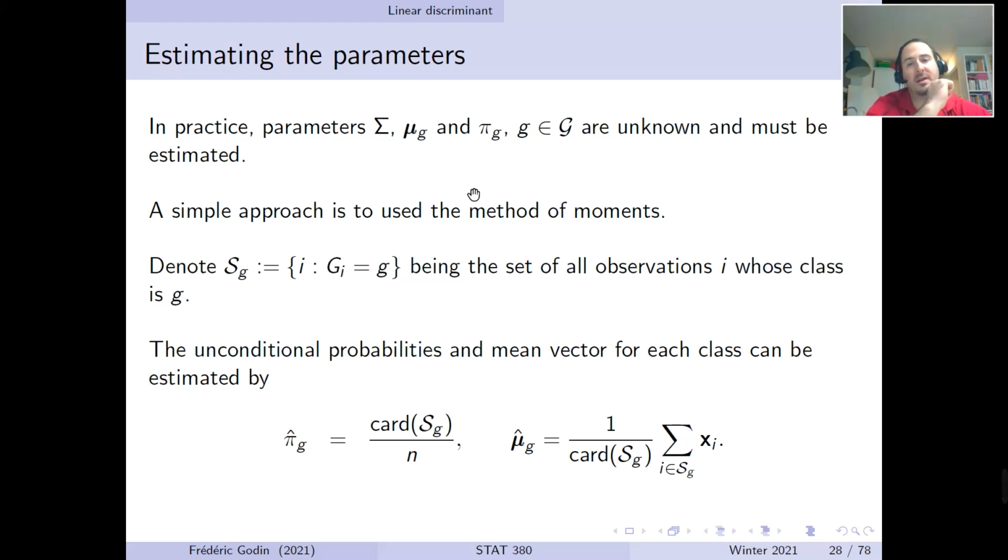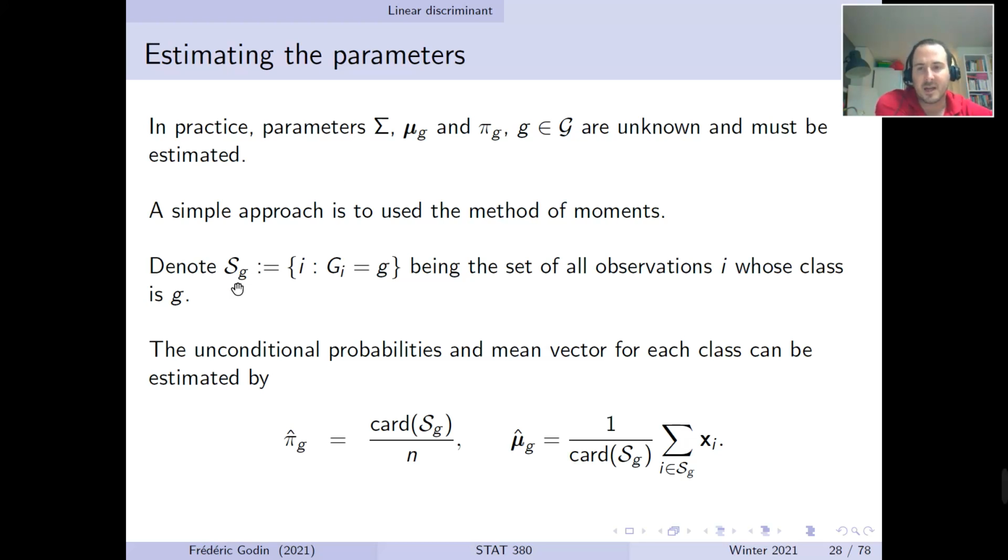One quick detail: because the matrix sigma is common to all classes, this complicates things a bit, because we cannot look only at blue observations or only at orange observations to determine sigma. We need to look at all of them. But the method of moments works well in that context.